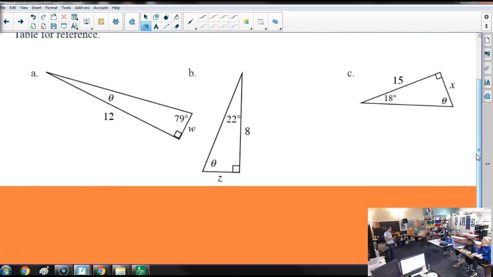Try to find anything unknown. So that's in degrees. That's 72 degrees.